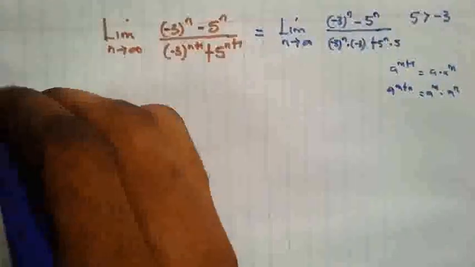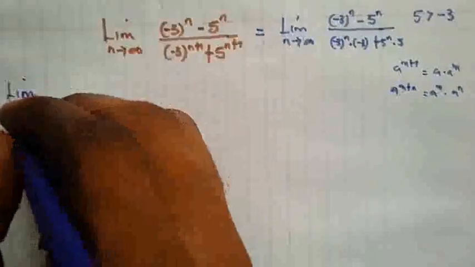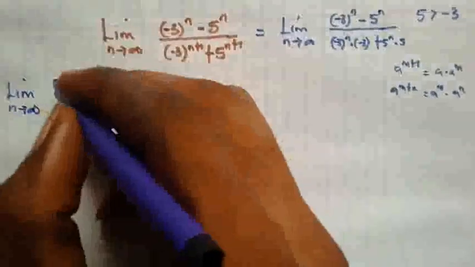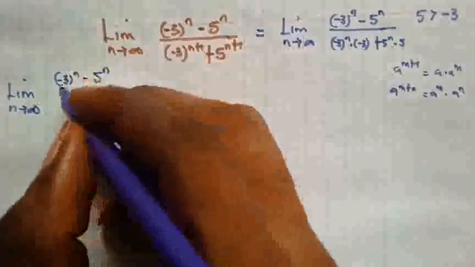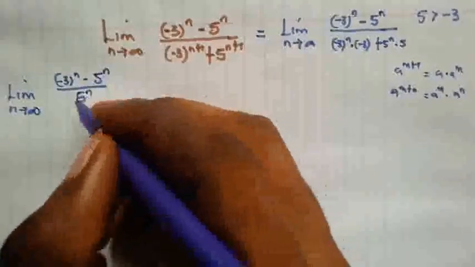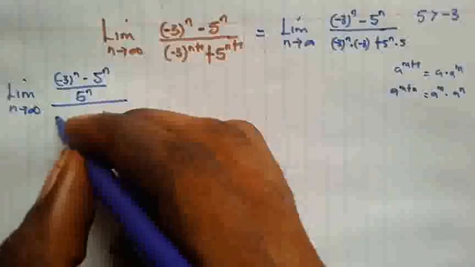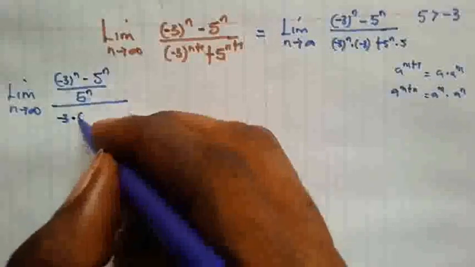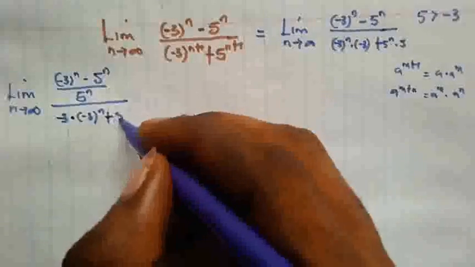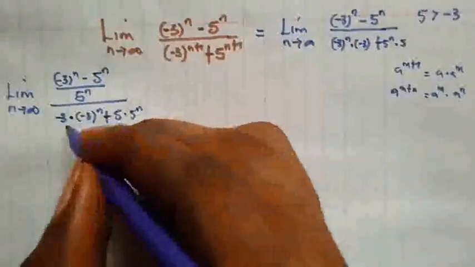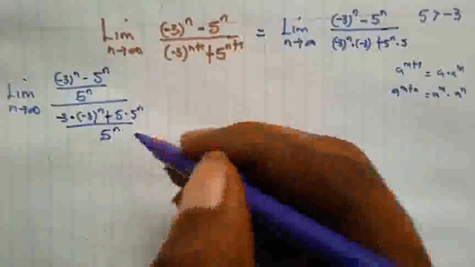So our limit becomes limit n is approaching infinity, (-3)^n - 5^n all over 5^n, over (-3) times (-3)^n plus 5 times 5^n all over 5^n.